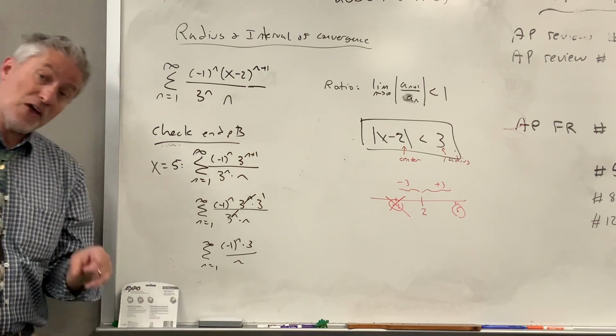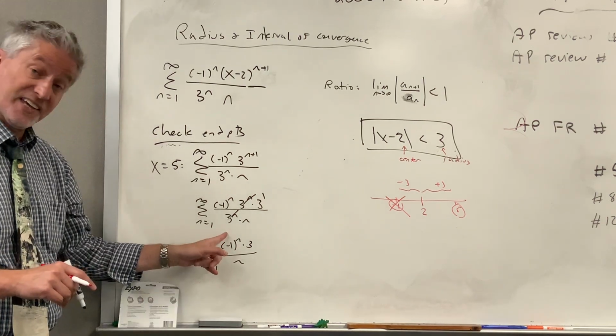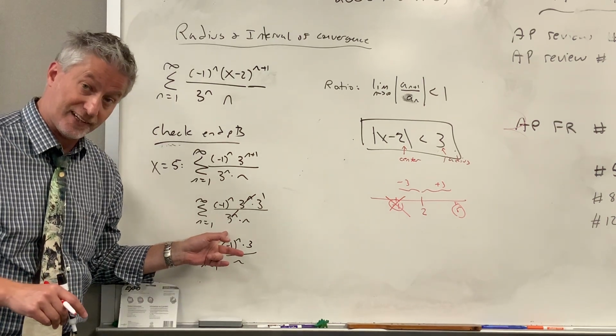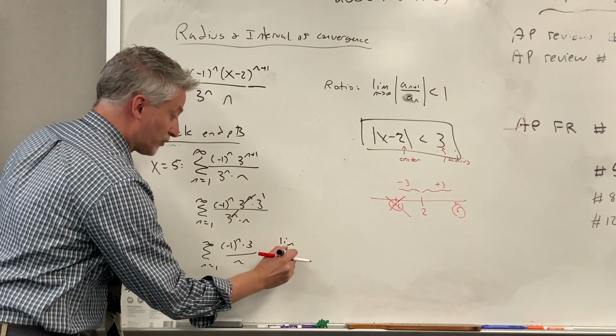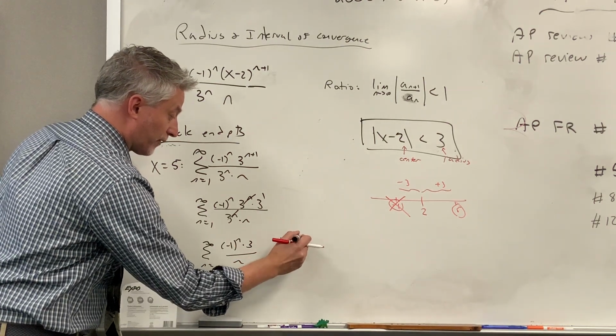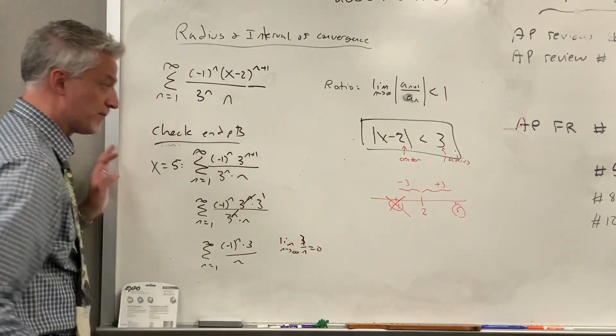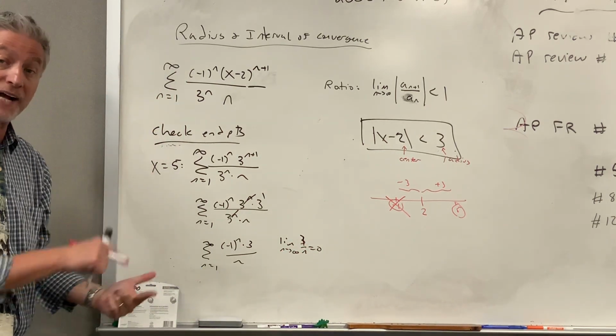And even though it looks like a p series again, this is an alternating series right here. So if I take the limit as n goes to infinity of 3 over n, that becomes 0. So this will converge by an alternating series.